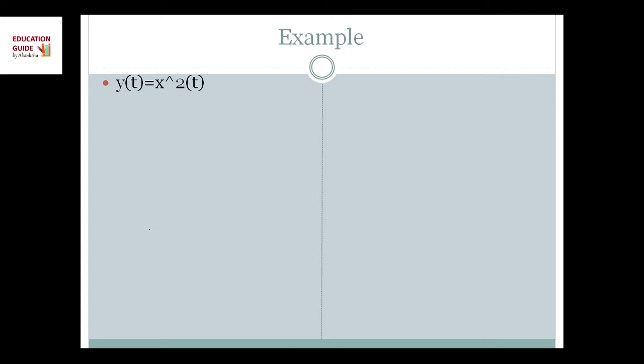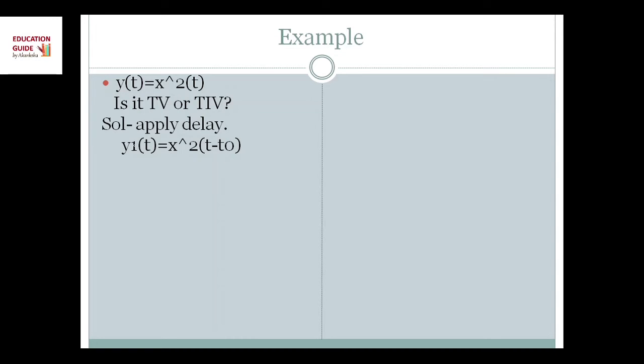Examples. First example is y(t) = x squared(t). Is it TV or TIV? Apply delay in this equation. y1(t) = x squared(t - t0).